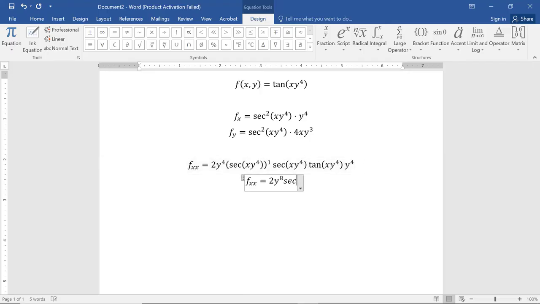So I can take that secant squared of x y to the fourth. And then I still have the tangent of x y to the fourth. So f sub xx cleaned up looks like that. Notice that that's a pretty complicated thing to do.